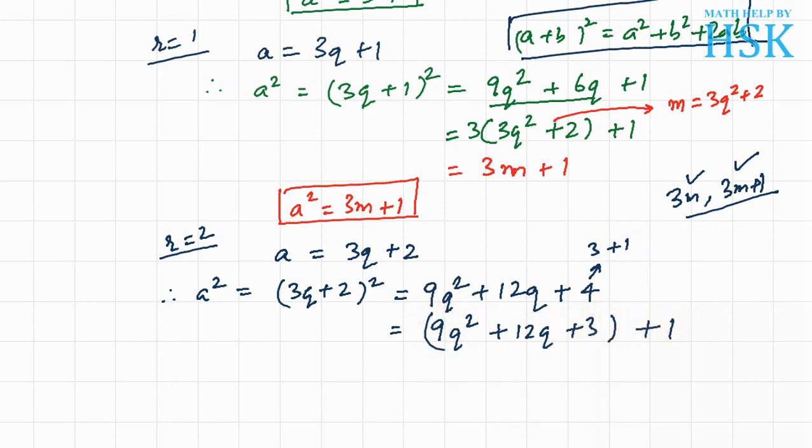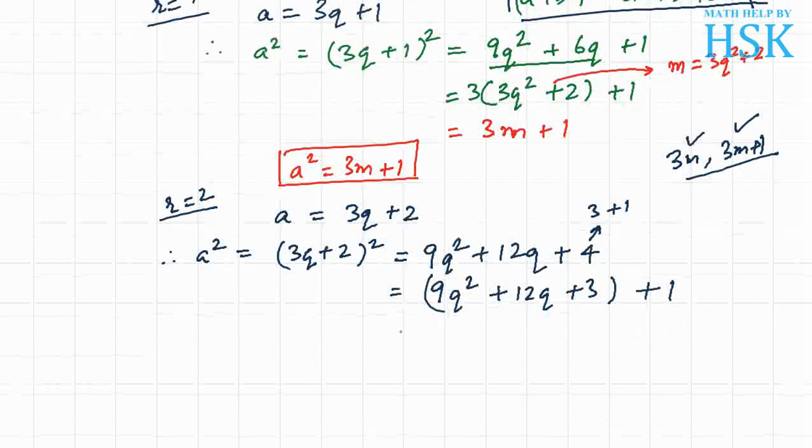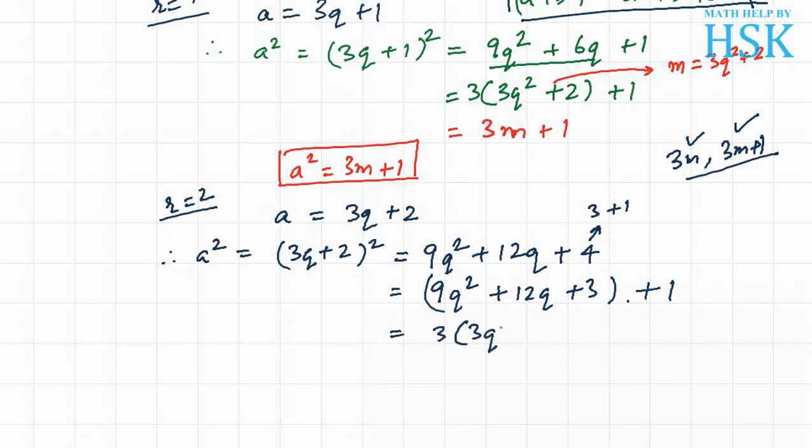Why have I written these terms in a bracket? Because from them I can take 3 as common. So this will be equal to 3 times (3q square plus 4q plus 1) plus 1. We can write this bracket as equal to m. So I get a square is equal to 3m plus 1.